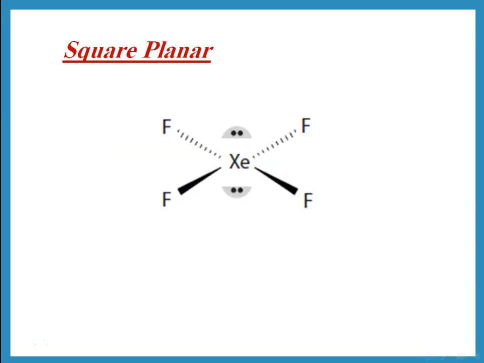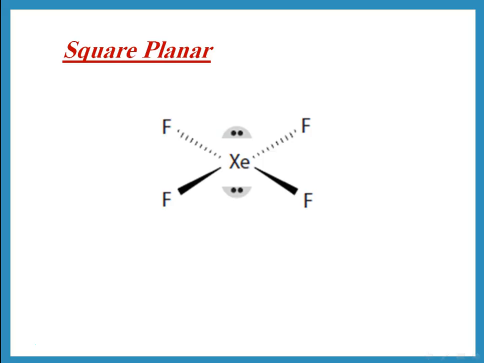Okay, square planar is when I have 4 on one plane and I have 2 lone pairs of electrons. So xenon, if you remember, xenon is a noble gas. It's not supposed to make bonds according to what we've been saying in O level, but actually it does make bonds. So this is one molecule that the xenon makes with 4 fluorines.